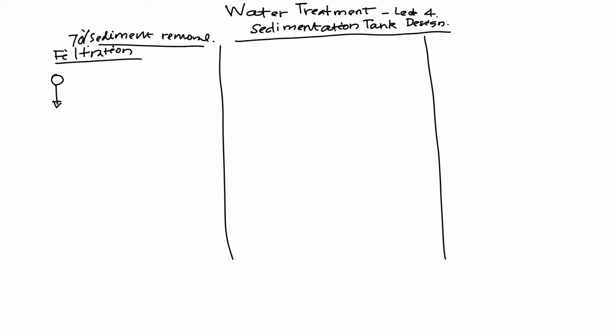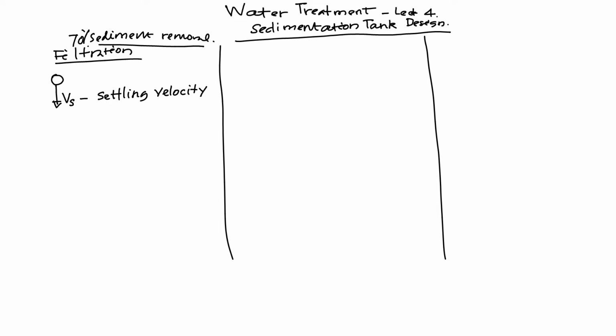If a particle is going to settle down very fast, that means the particle settling velocity is high, and you will see particles removed very fast too.